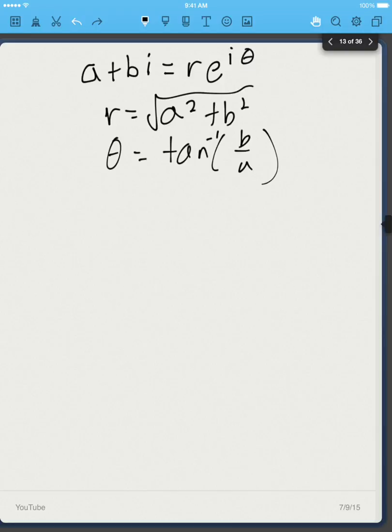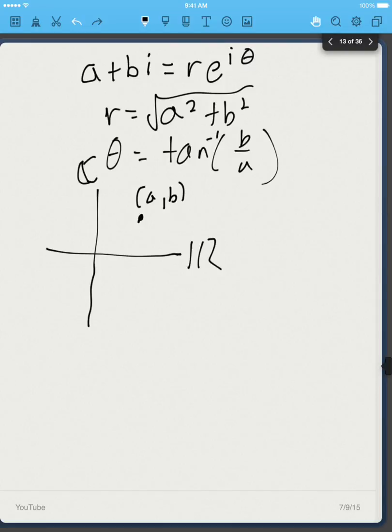So let's talk about adding these things. Geometrically, of course, you can think about the complex number as being basically a set of points on the real and the complex plane, a, b, to maintain our notation.